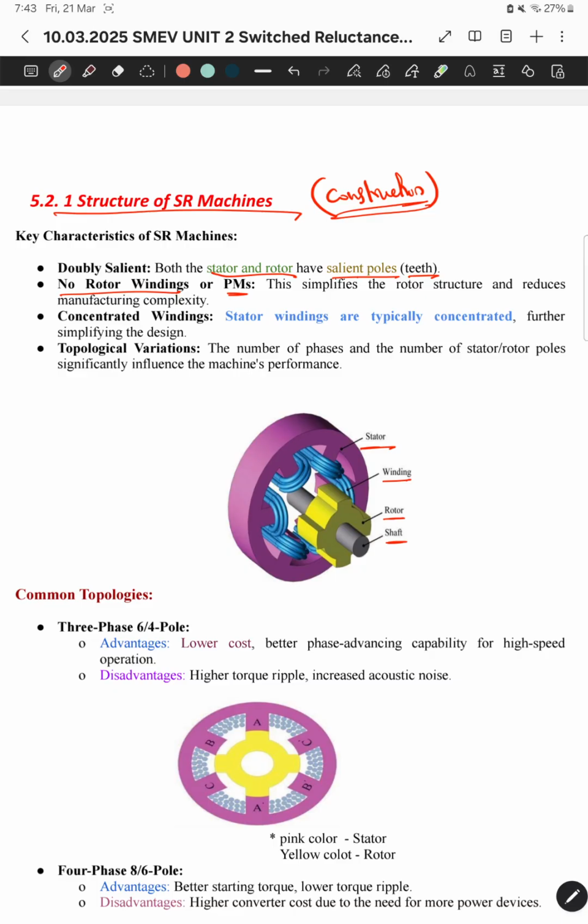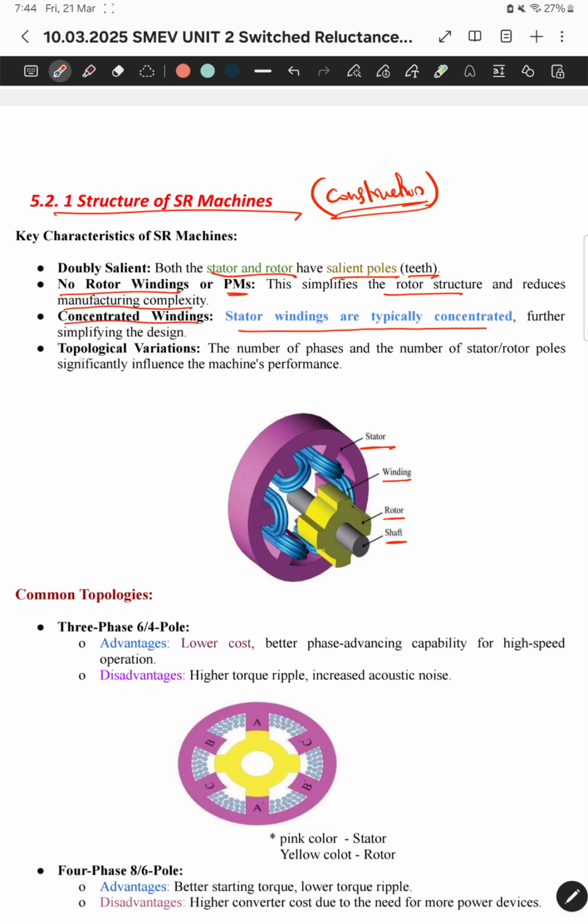Similarly, windings are also not there in the rotor, so the rotor structure is simplified and it reduces manufacturing complexity. One more thing is concentrated windings: stator windings are completely concentrated, so again the construction process is made very easy and it's easy to design.